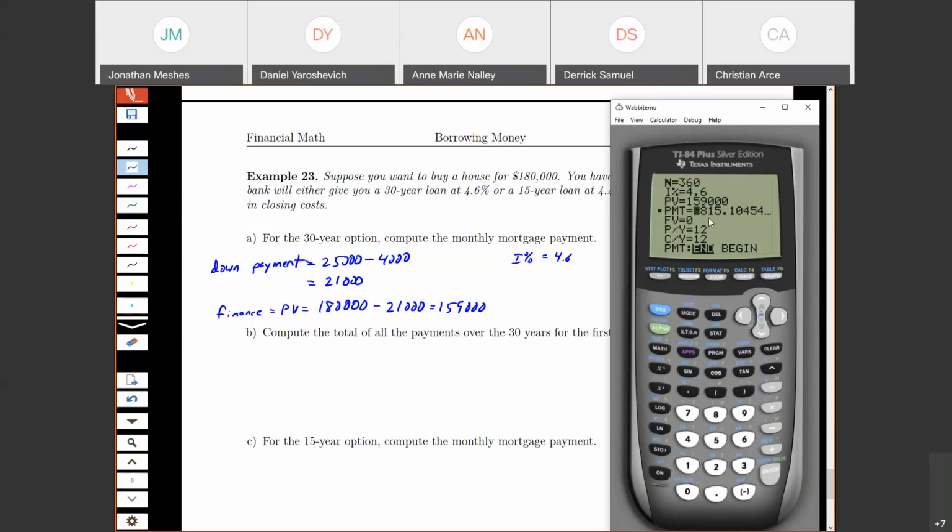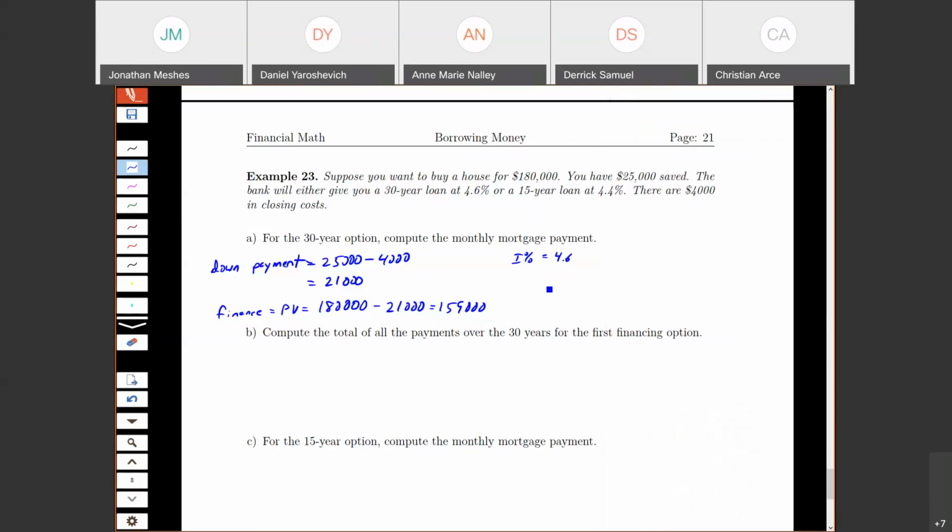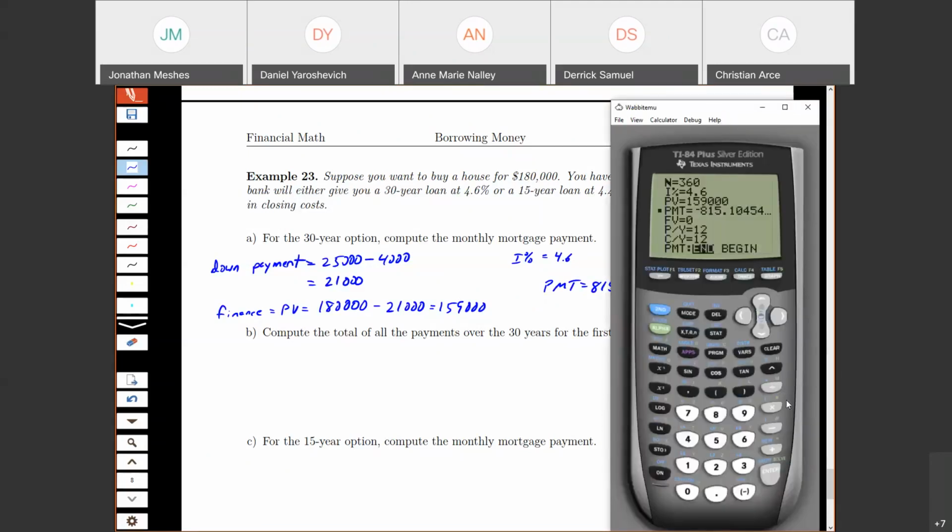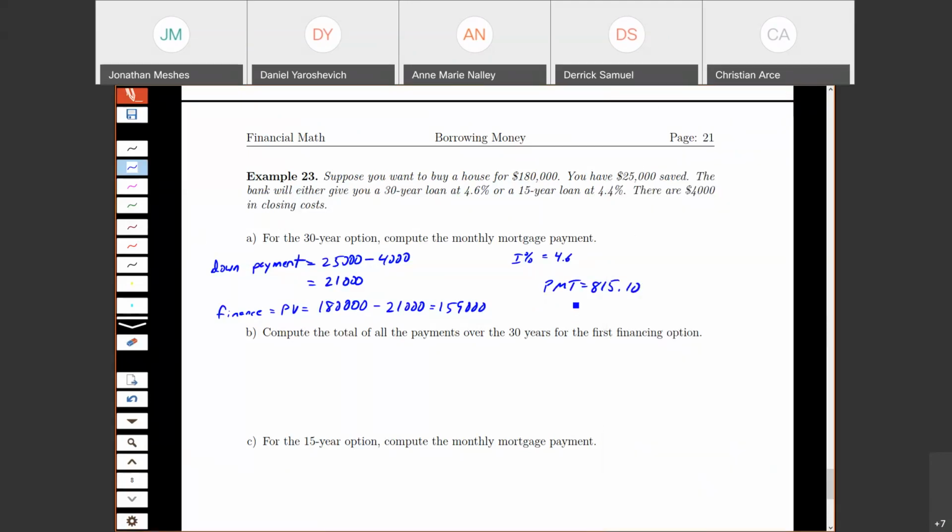So our monthly payment is $815.10. That's my answer to part A.